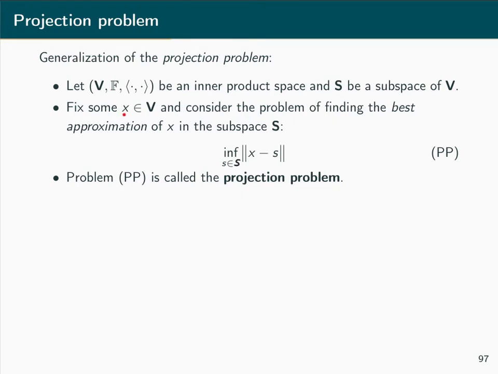Now fix any vector x in V and consider the problem of finding the best approximation of x in the subspace S in terms of finding the vector in S that minimizes the length of the distance between x and S. Then this problem will be called the projection problem, and it will be abbreviated with PP in brackets.